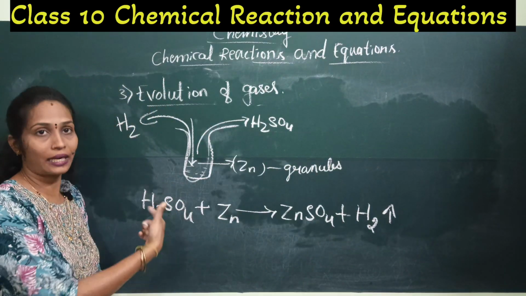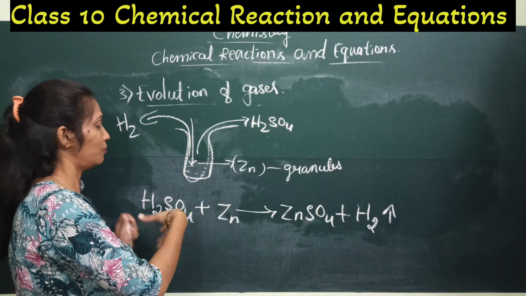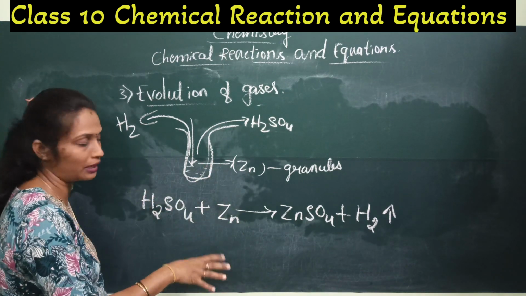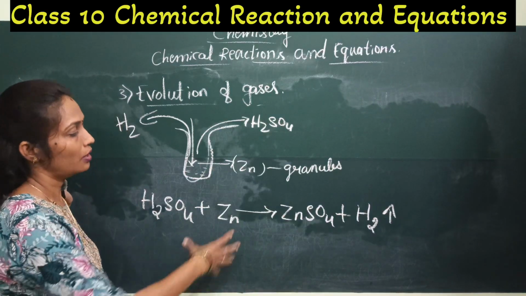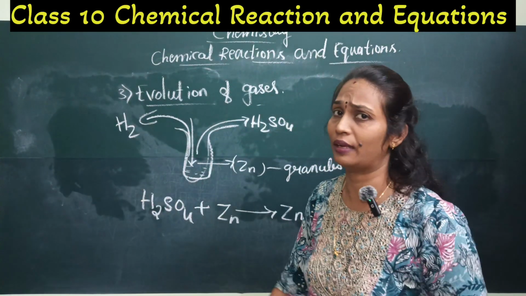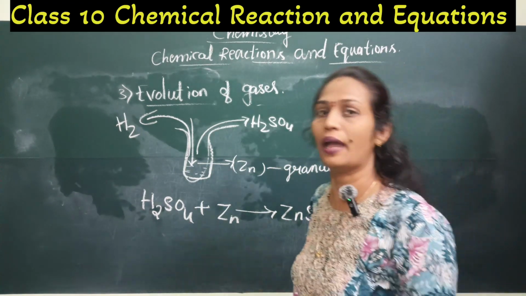Here, the more reactive element replaces the less reactive element, and there is a formation of something called a salt. I'll explain everything thoroughly in upcoming sessions. And one gas is going to be released, that is called hydrogen.